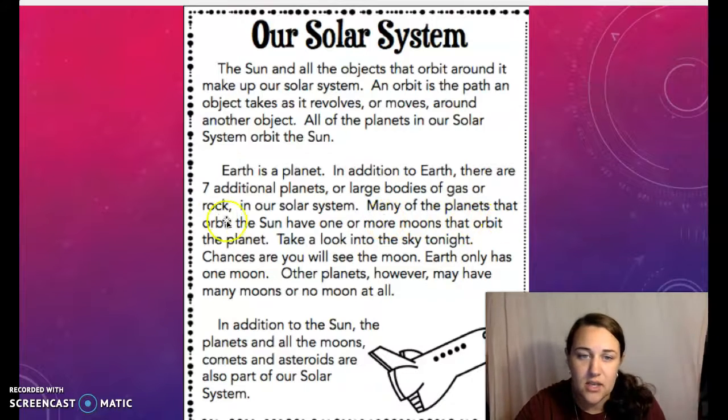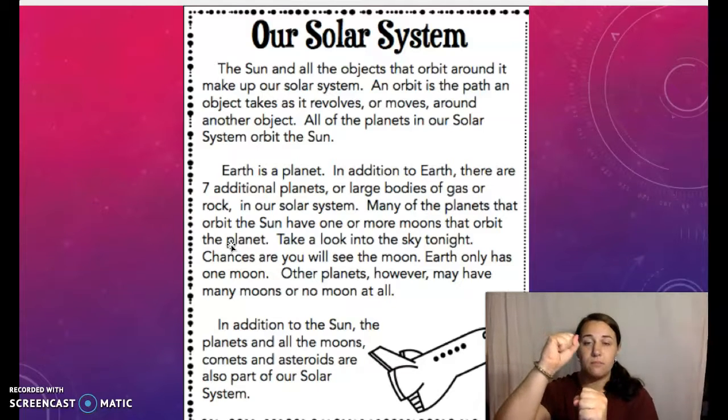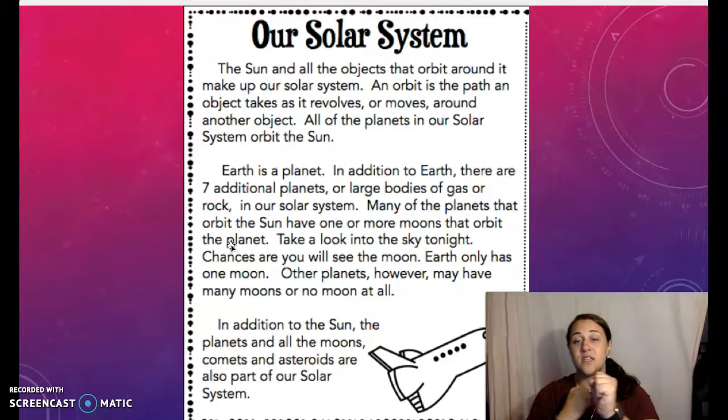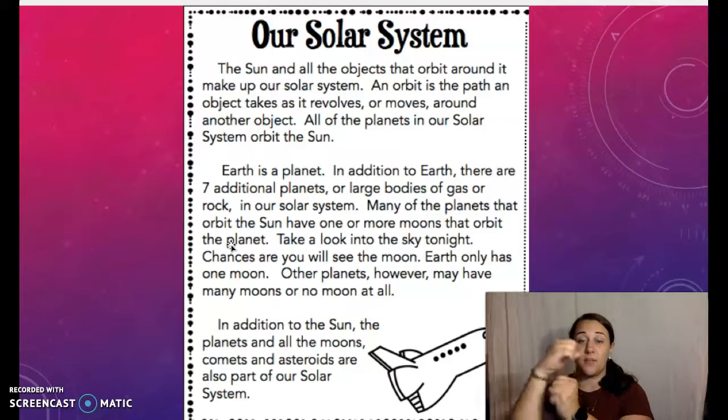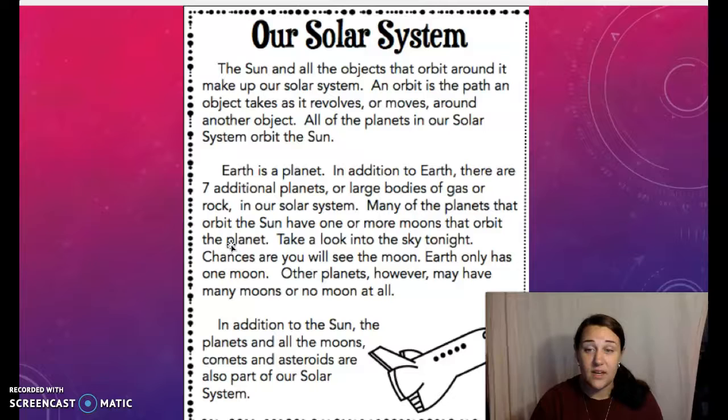Many of the planets that orbit the sun have one or more moons that orbit the planet. So there's the planet, and it goes around the sun, it orbits around the sun. Well, sometimes most of the planets have a moon that also orbits around the planet. So while this planet is going around the sun, there's a moon going around the planet. Now, some planets have more than one moon, and some don't have any.